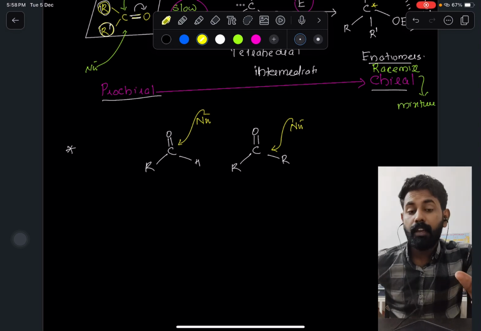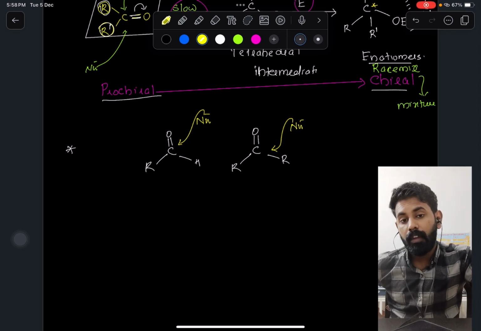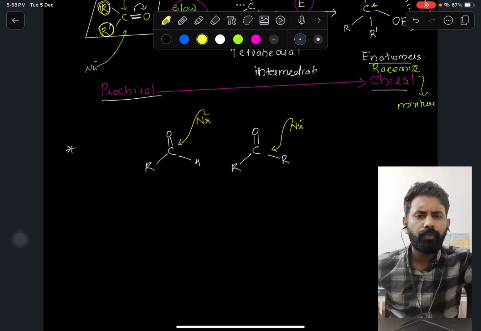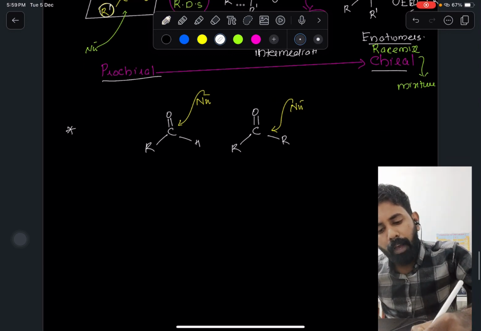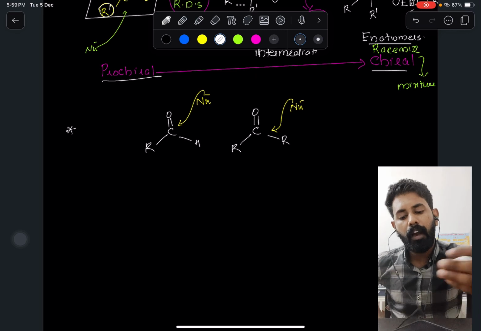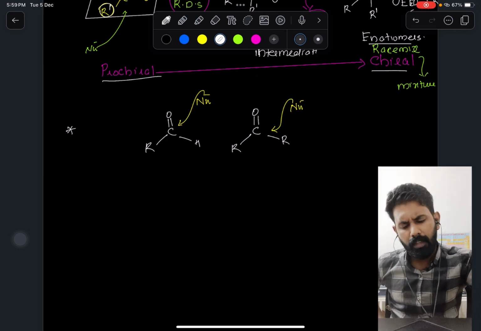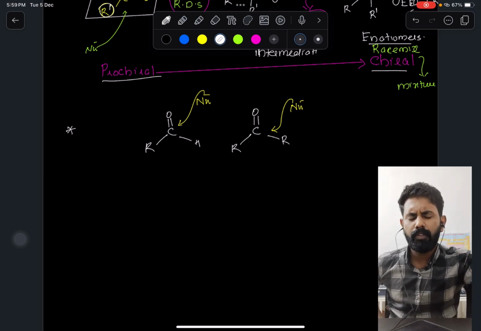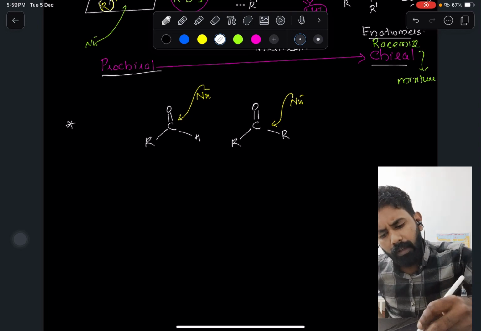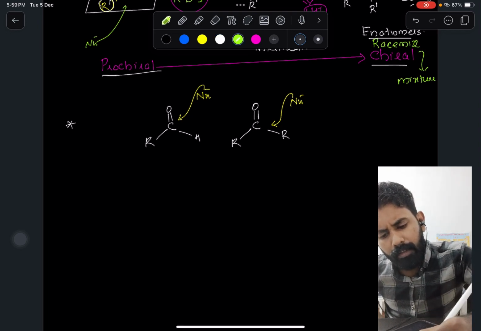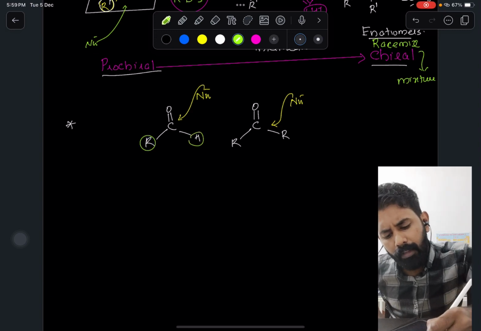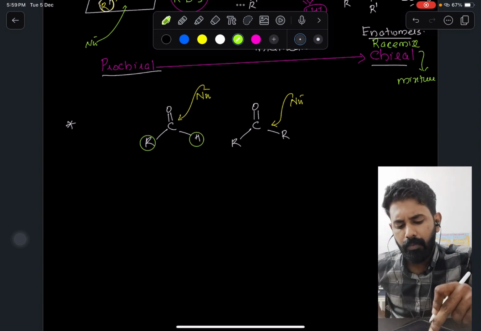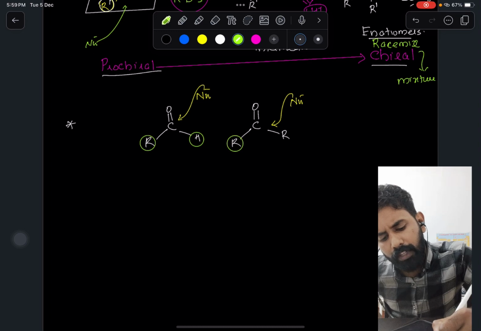And if the attack is taking place at the easiest rate, then the reaction will proceed at a fast rate. That is it. That's a simple logic. So if my nucleophile can attack the carbonyl carbon so easily, then the reaction will be at a fast rate. Okay. So look, when we look at the aldehyde, there is only one R group and the other one will always be a hydrogen atom. In the case of ketones, there is one R group, and also one more R group.